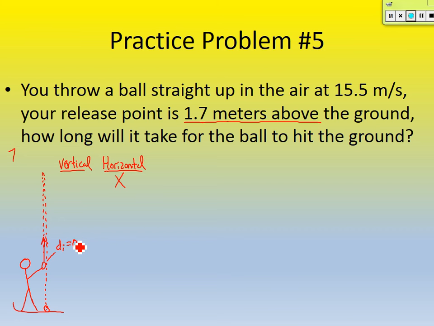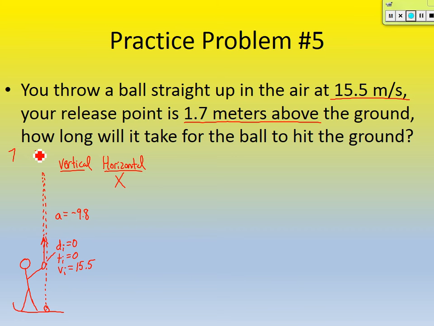And that's because it hasn't traveled any distance from our hand yet. Time initial is also 0. And velocity initial, it did tell us in the problem that it had an initial velocity of 15.5 meters per second. So that's going to be 15.5 meters per second. Now, I guess we know one more. The acceleration of this ball is going to be a negative 9.8 meters per second squared.